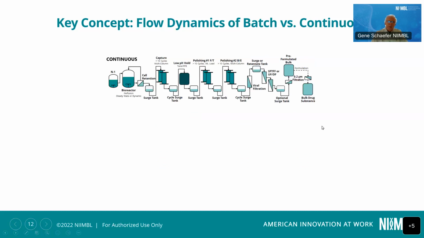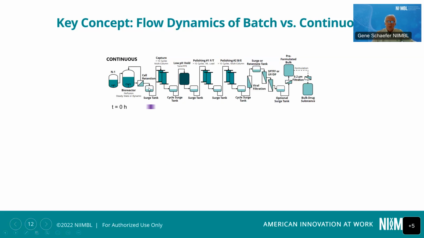Now compare that with a continuous process. Here we're looking at a process with no intermediate pools, just a variety of surge tanks in between the individual unit operations. Okay, time equals 0, you're starting to harvest material. And again, note the difference. In that previous depiction of batch, that was a solid bar indicating a homogeneous concentration.